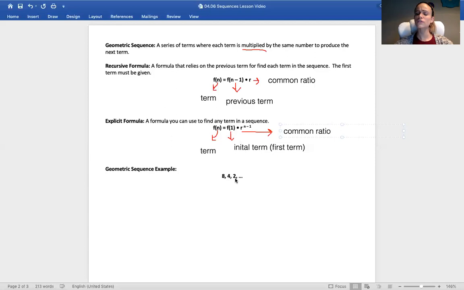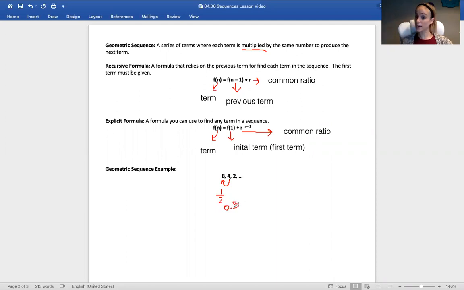Now, if it's not obvious to you what it is being multiplied by, instead of subtracting, we can divide to find our common ratio. So we take our term and divide it by the previous term to determine the common ratio. So 4 divided by 8 would be 1/2, or as a decimal, 0.5.